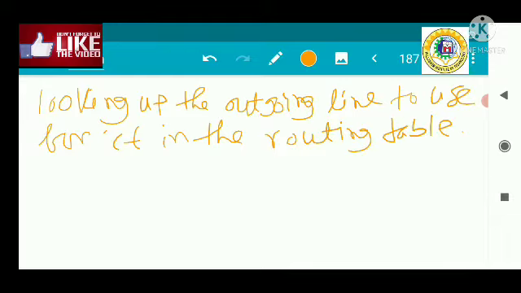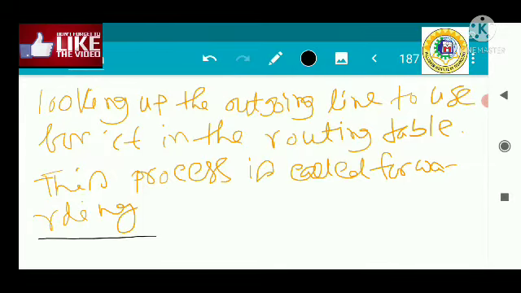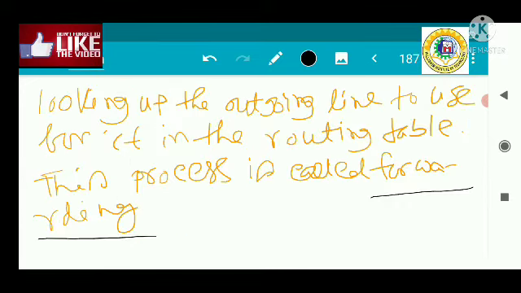This process is called forwarding. Okay, so this is important: forwarding. This is the first task. What is the first task? Each packet as it arrives at the router, looking up the outgoing line to use for it in the routing table.